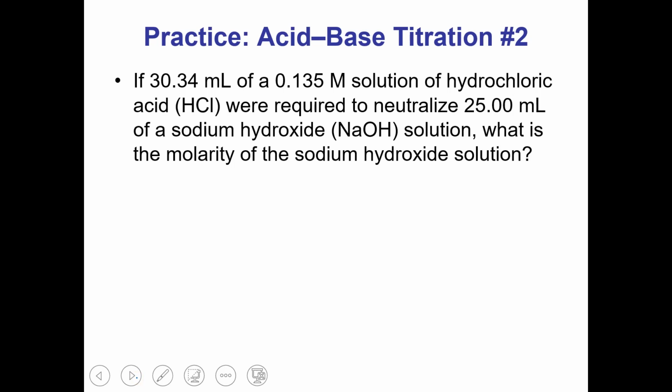Okay, let's look at one more example here. If 30.34 milliliters of a 0.135 molar solution of hydrochloric acid were required to neutralize 25 milliliters of sodium hydroxide, what is the molarity of the sodium hydroxide solution? So we're not given the reaction this time, but this is a reaction that we've seen before.